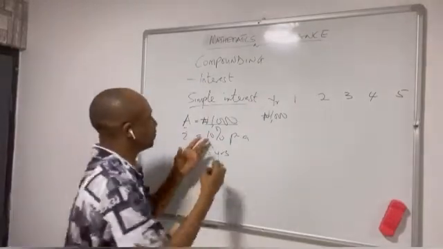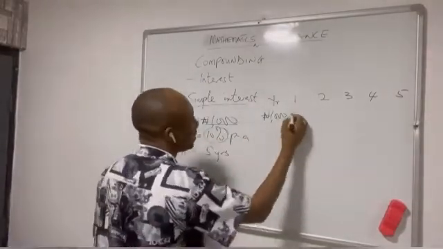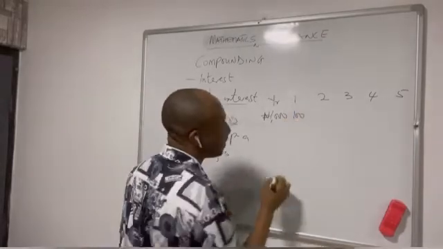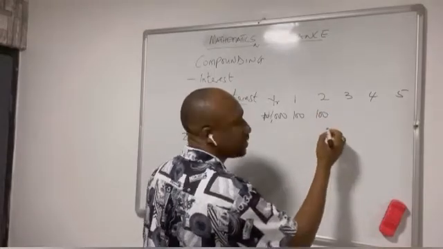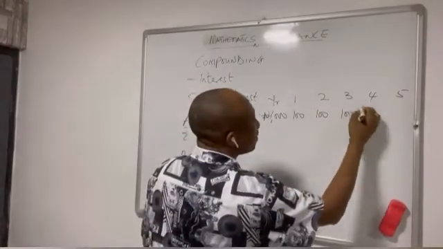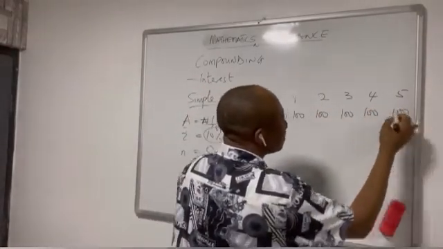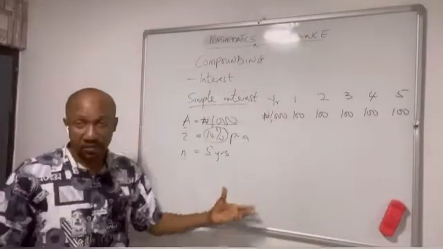In year 1, it will generate interest of 10%, and that will be 100 naira. In year 2, it will generate another interest of 10%, and it will continue to generate 100 naira interest every year, because that's 10%.